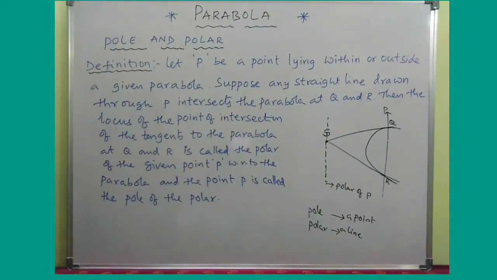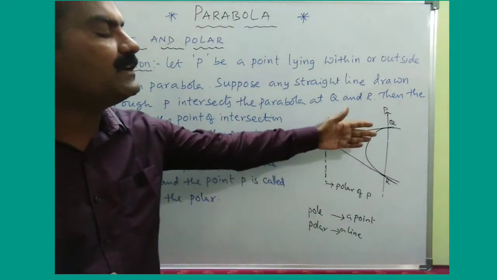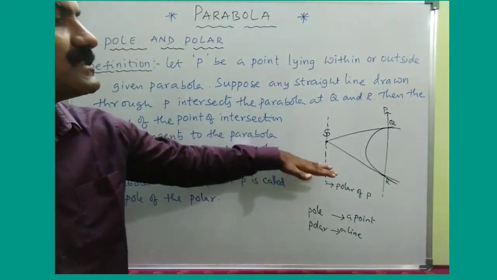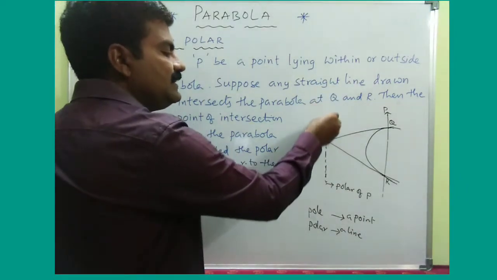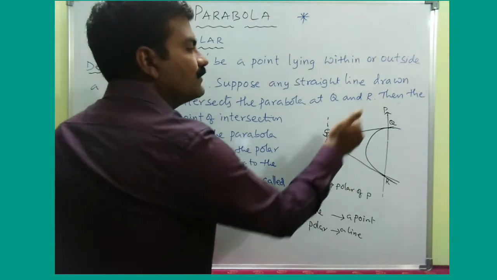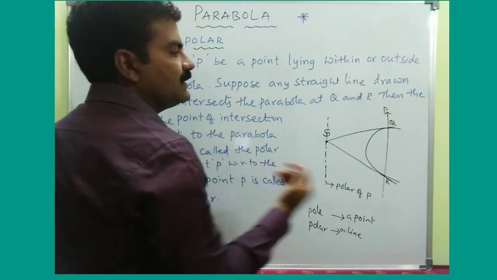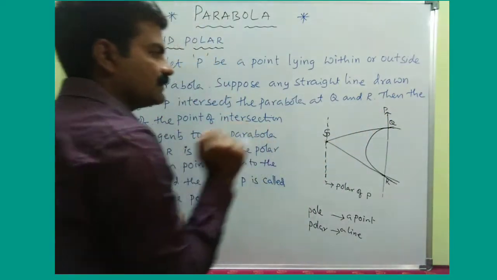Hence S is nothing but the point of intersection of the tangents drawn at Q and R. Hence the locus of these points, like this there exist infinitely many points of intersection of the tangents, and if you join all those points, they lie on a line, and that particular line is called the polar of the point P, and the point P is called the pole of the polar.